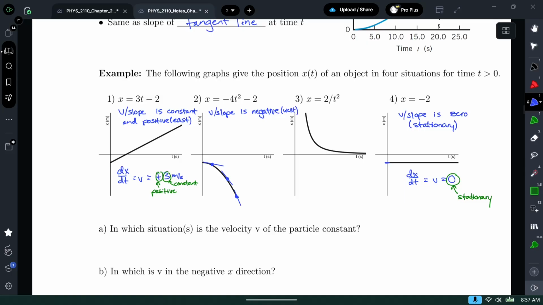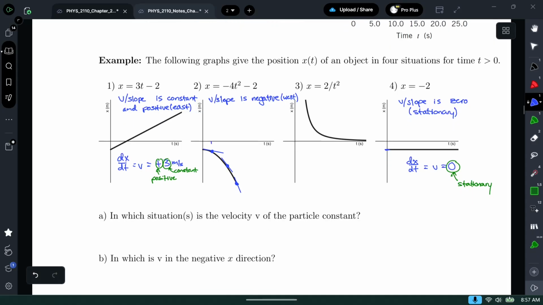So they're moving to the west. What else would you say about it? It's not constant. What's happening to the slope? It's accelerating westward. Yeah, it's getting steeper and steeper. They are actually going faster and faster. Your brain may think because we're in the negative part of the graph, that means something about slowing down, but think about the actual numbers for these slopes. The number describing that slope, maybe it's -2 meters per second.